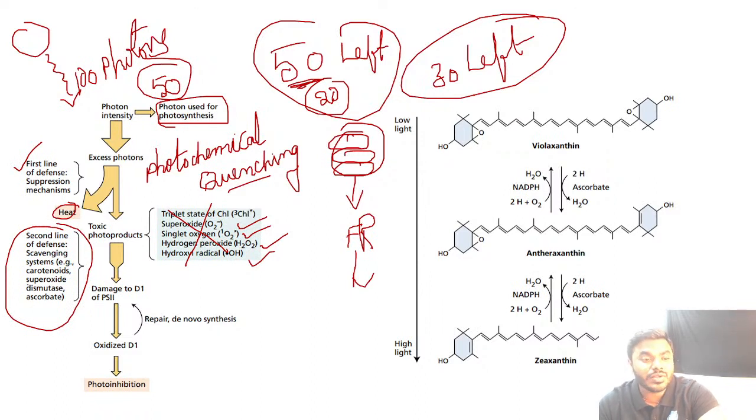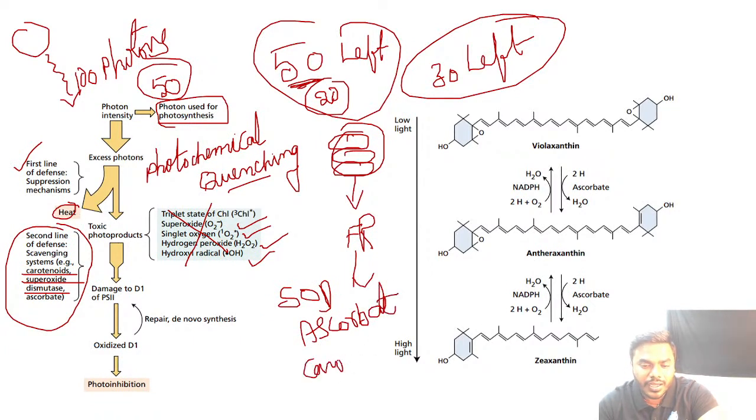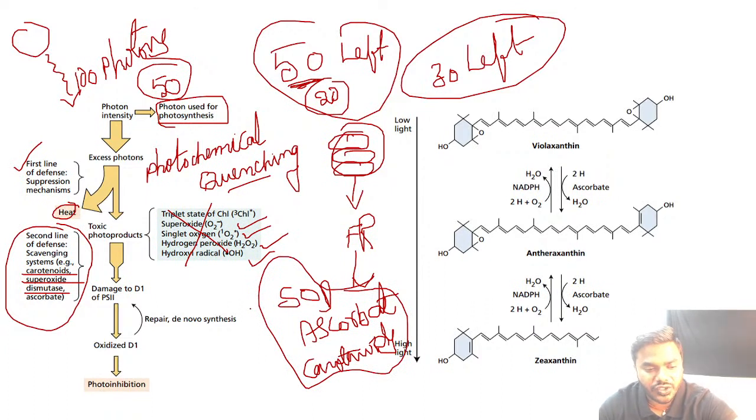What are the examples of the second line defense mechanism? Carotenoids, superoxide dismutase, we can call it SOD, and ascorbate. These three we call the secondary defense mechanism. They are actually involved in destroying these free radicals. So out of 30, let's take an example, 20 photons we have destroyed.